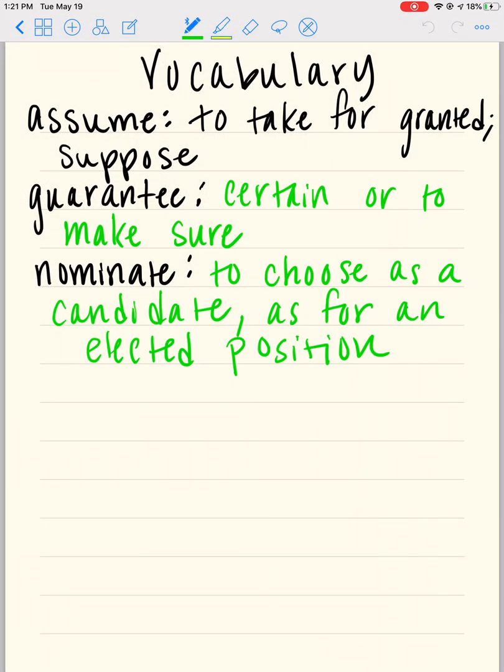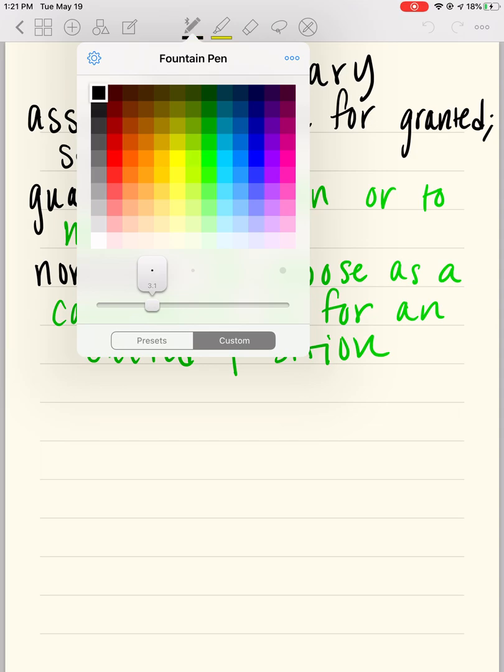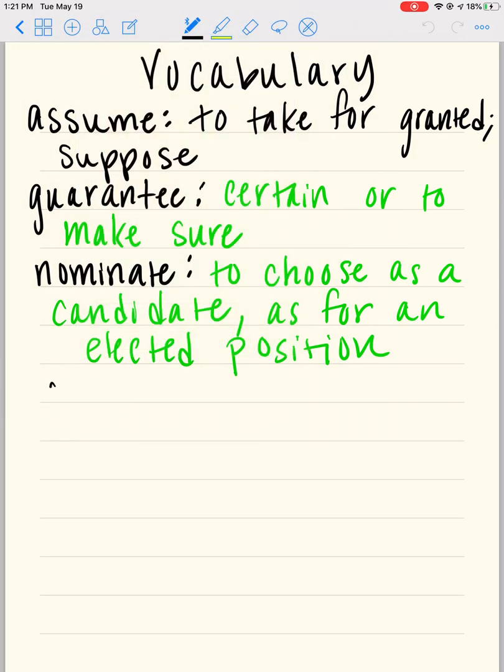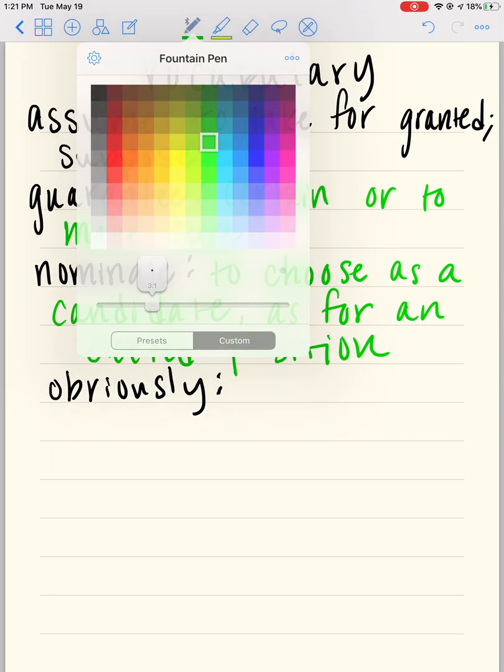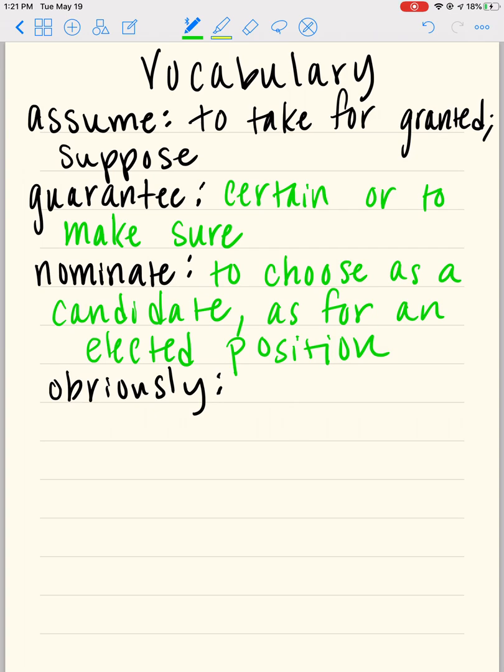Okay, and then our fourth word is obviously. You guys know this one, so we're not going to go too deep on that. Obviously is basically easily seen. It's obvious. It's right in front of your face. Go ahead and press pause if I'm going too fast, okay?